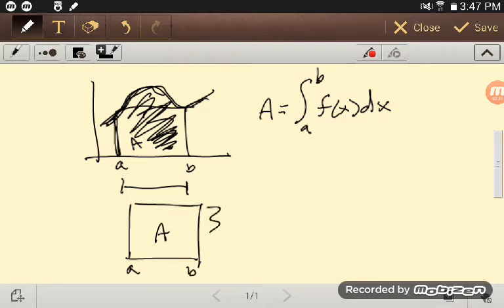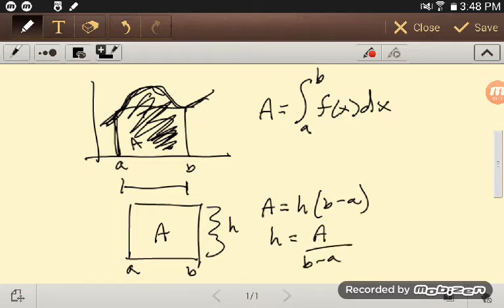So what's this height? What I know is area, and I'll call that height h. The area has to be h times b minus a, and so h has to be A divided by b minus a.